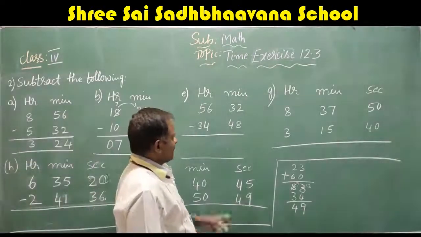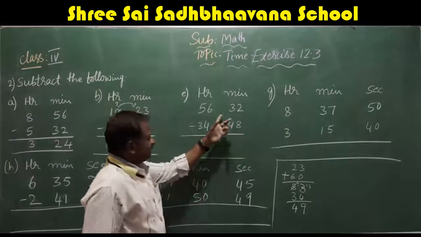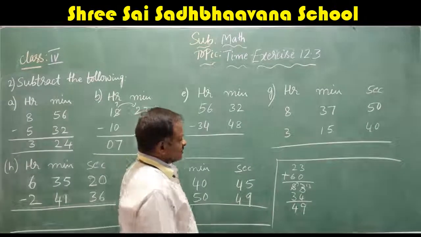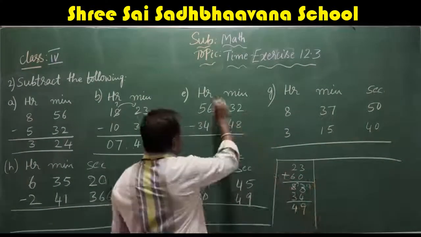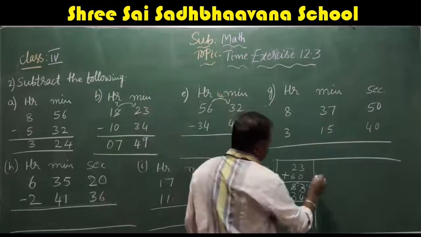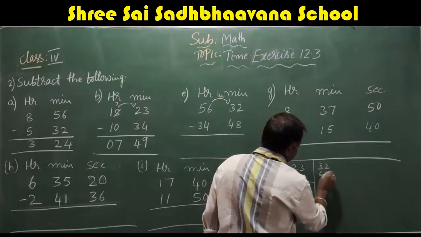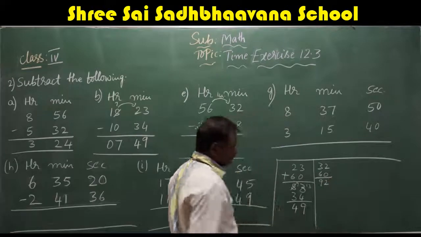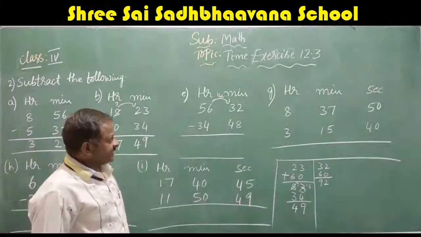Next come to here. Here also the same. 32 minus 48, it is not possible. So take 60 minutes, 1 hour from this side. This becomes 32 plus 60, 92.